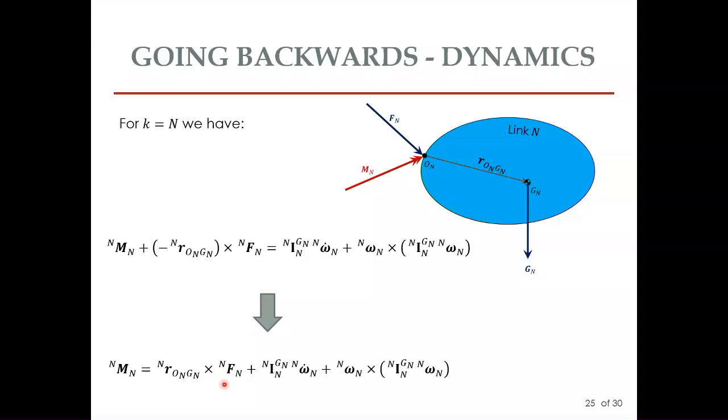And once you do, everything here on the right-hand side becomes known expressions of your q1 till qn, your generalized coordinates, and their derivatives.